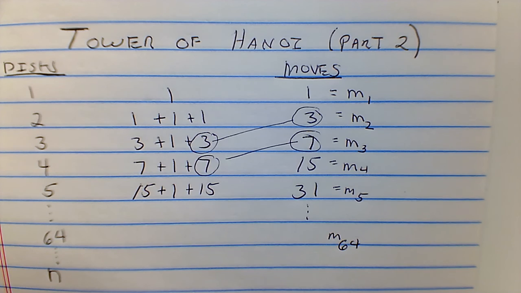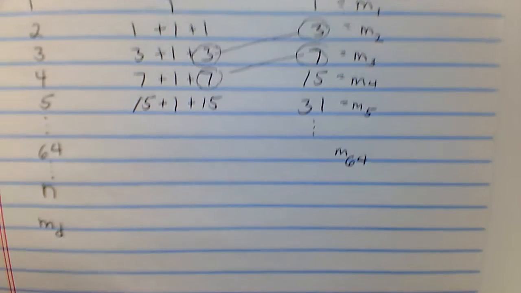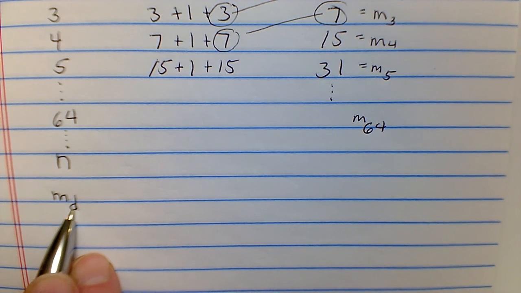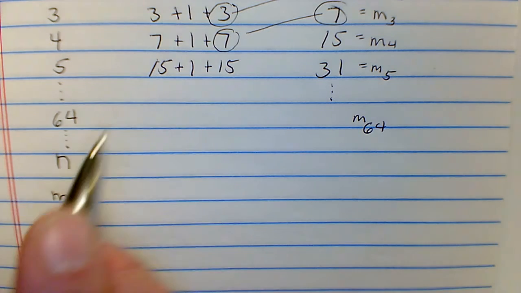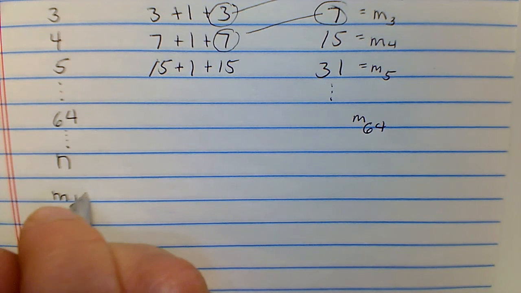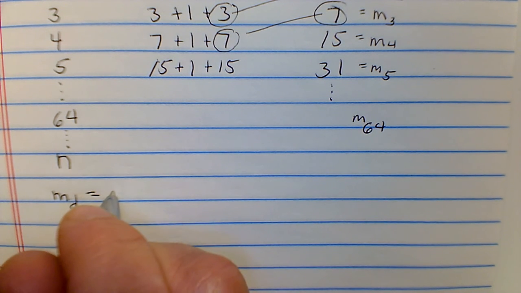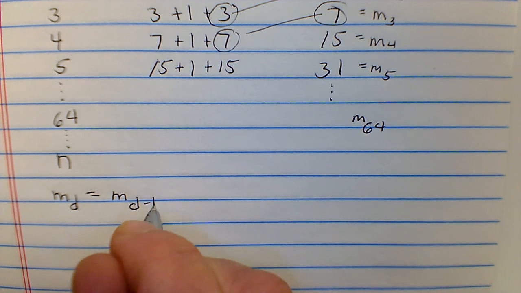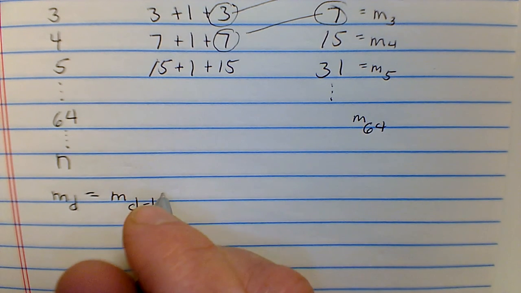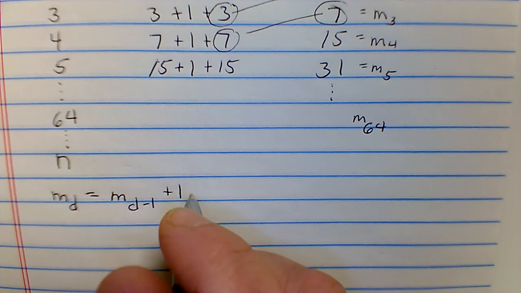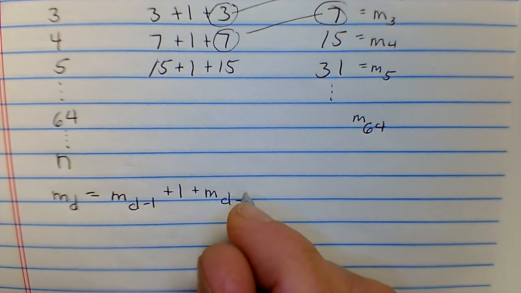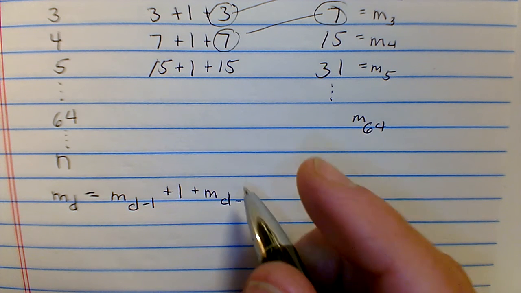Can we come up with a formula for this thing that talks about the number of moves related to the number of discs? Well, if you look at each one of these things, each time it's based upon the number of moves when you had one less disc, then we add one more, and then we do the number of moves from the previous one again.